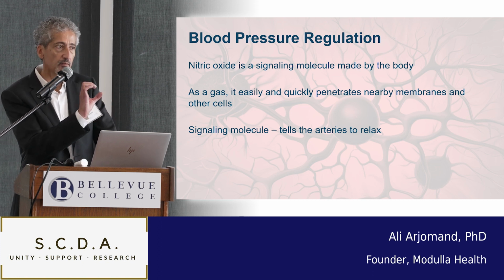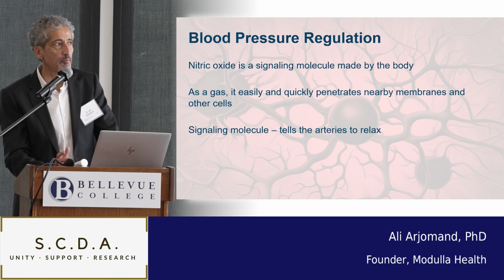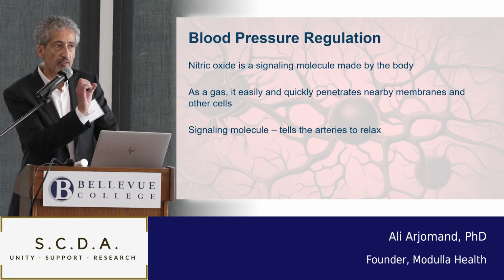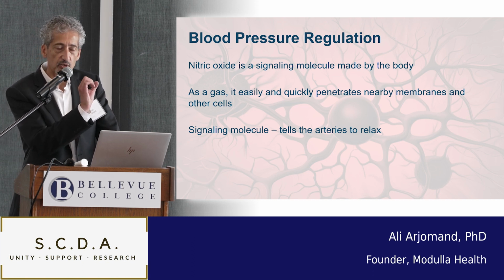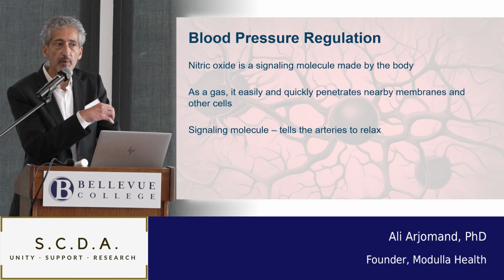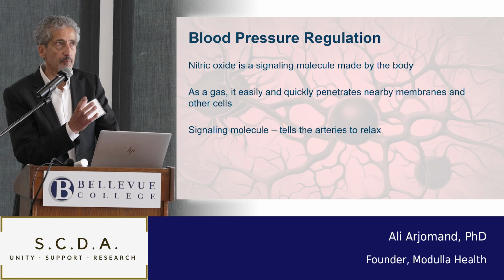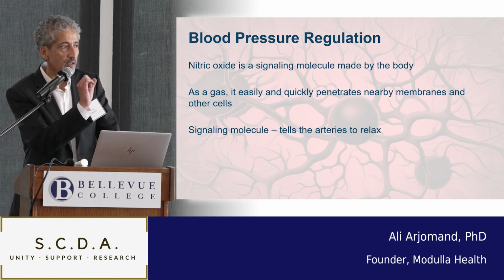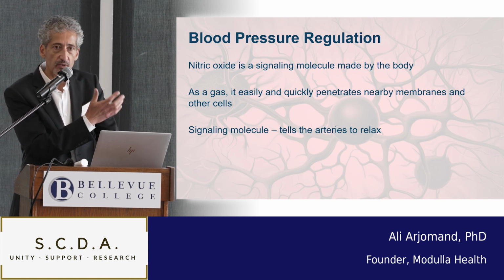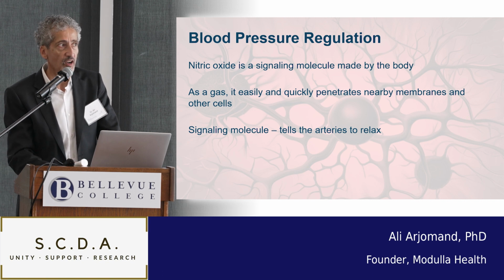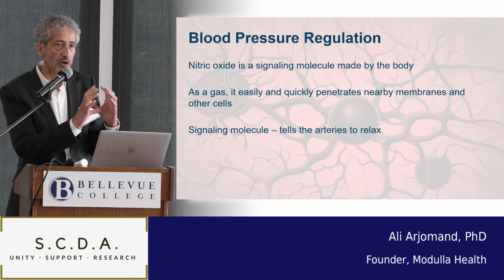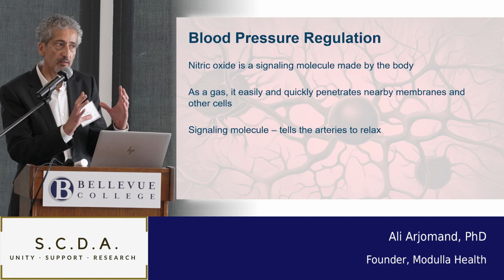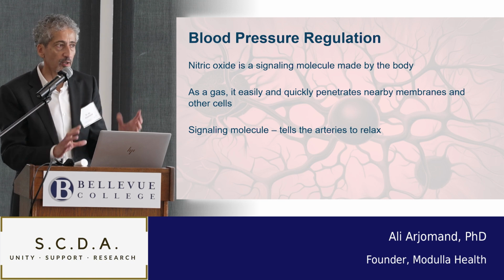It's a wider channel. When the nitric oxide is gone, there are other forces that can constrict that blood vessel and narrow it down, and now the blood pressure goes up. So people with high blood pressure have this high level of narrowing that restricts the blood flow and increases the blood pressure. When nitric oxide shows up, it opens up the artery and relaxes the walls, and then blood pressure goes down.